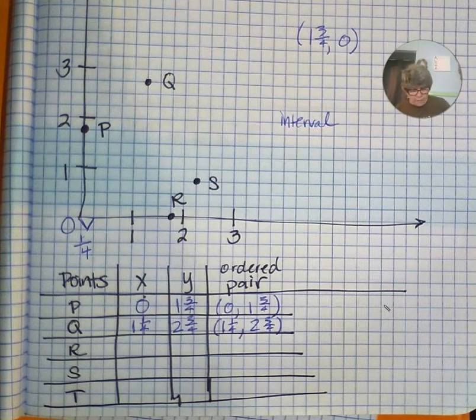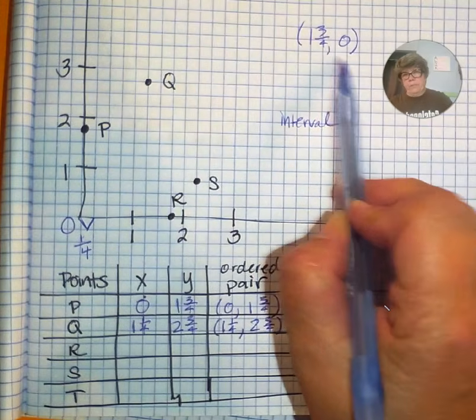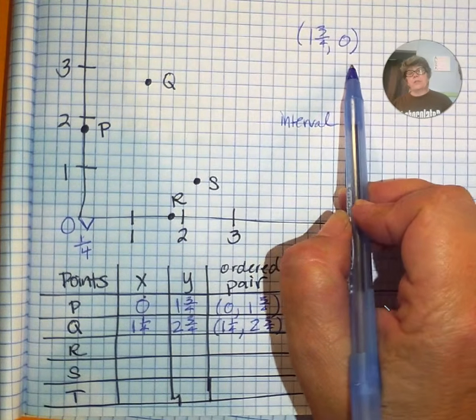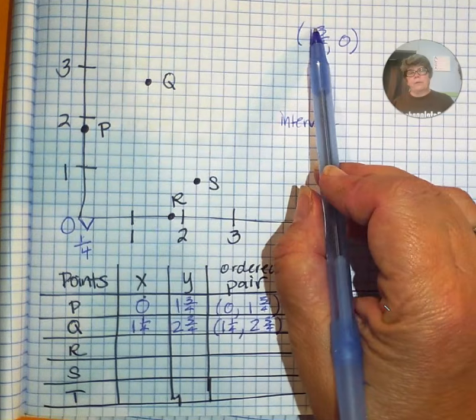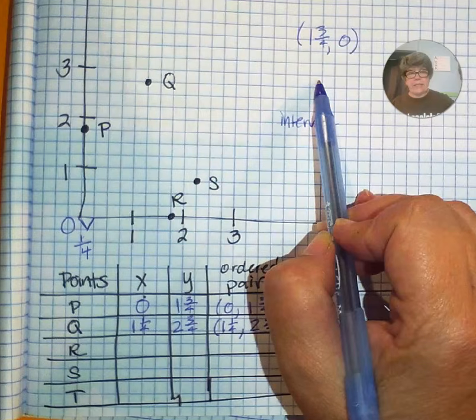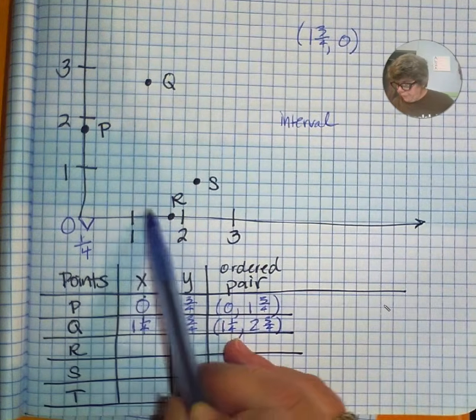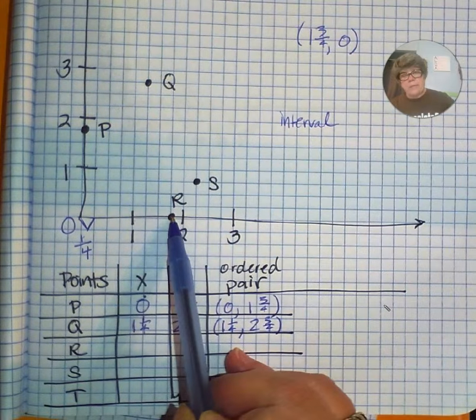All right, so we're going to be doing things a little bit differently. What point do you see at 1 3/4, 0? Now you know that the first part of the ordered pair is your x. Your first number is your x. So let's go to 1 3/4 and up and down 0.